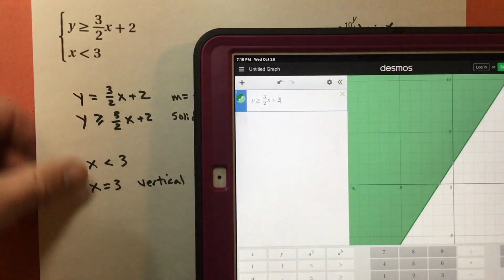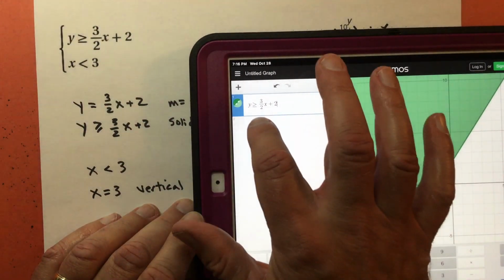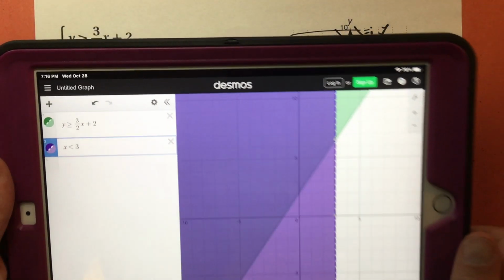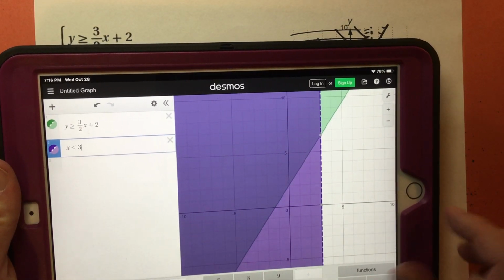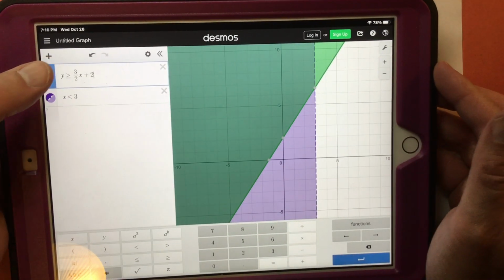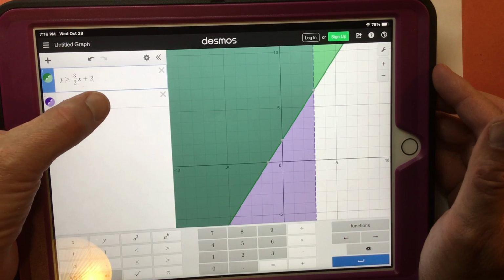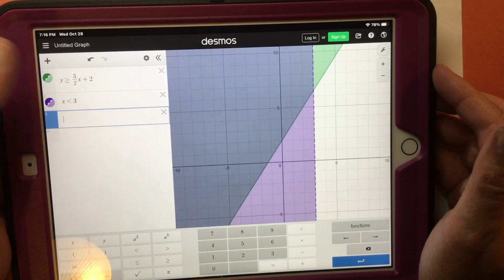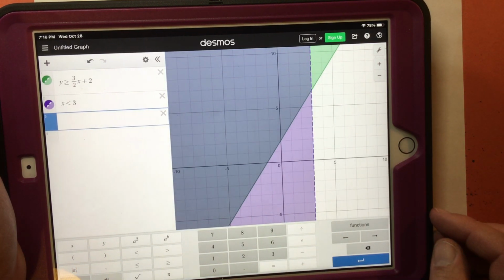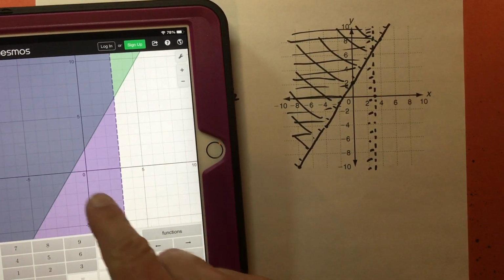Now the other one, don't be concerned by the fact that it is a vertical line. I have x is less than 3. And this time Desmos rotated through purple. So there's my first inequality, there's my second inequality, and there's the overlap, this grayish area. That's the overlap. And that matches up with what it is here.